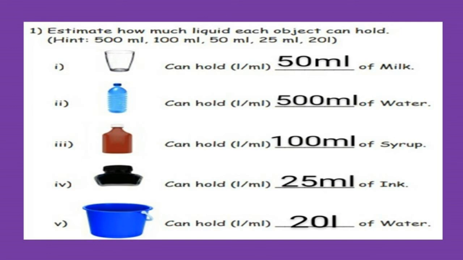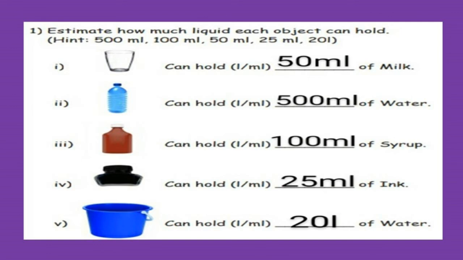Next is medicine. Medicine bottle can hold 100 milliliter of syrup. Next is ink bottle. Ink bottle can hold 25 milliliter of ink. The last one is bucket. A bucket can hold 20 liters of water.